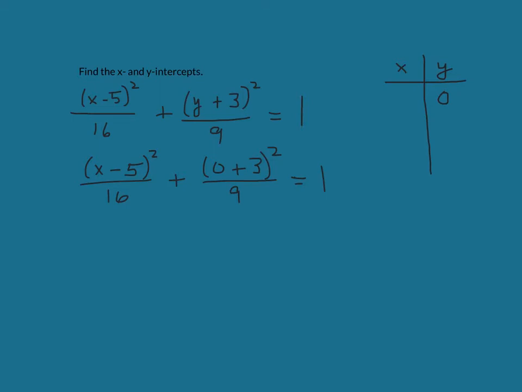So then working out a bit of arithmetic here in order to solve for x, 0 plus 3 is 3, and 3 squared is 9. So we'll end up with 9 over 9, which is, of course, 1 here.